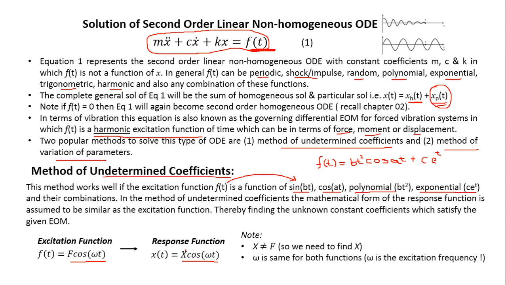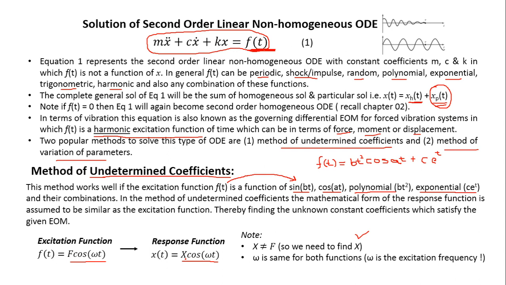So please remember that this X is not equal to F. We need to find X. We say that this X is the undetermined coefficient, our unknown coefficient, and it's a constant. So we have to now find the value of X.